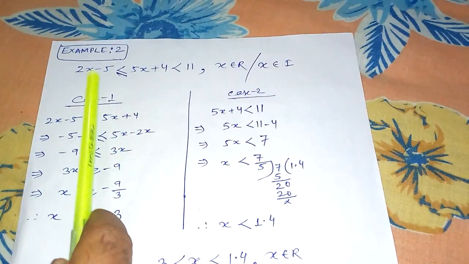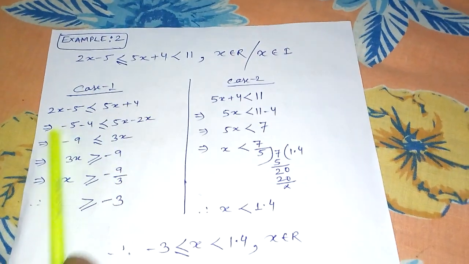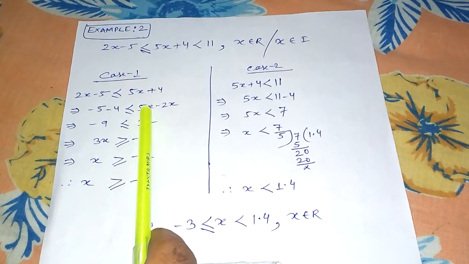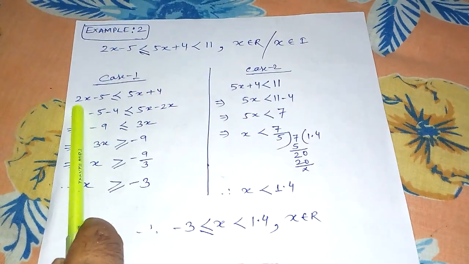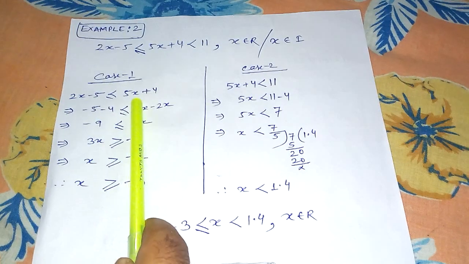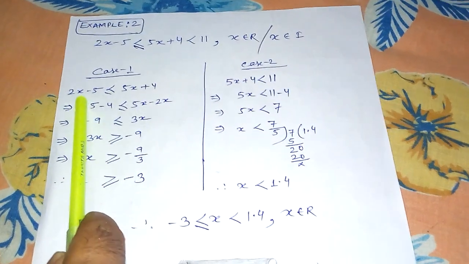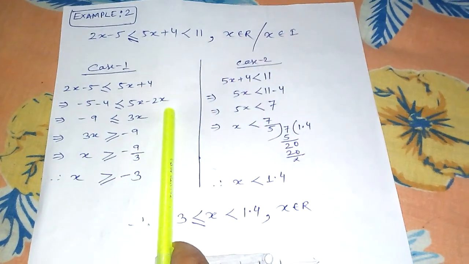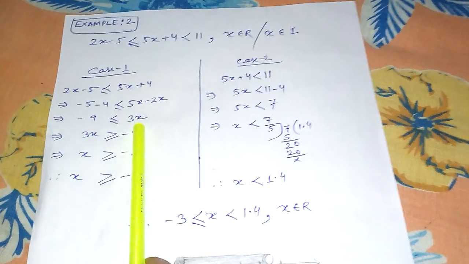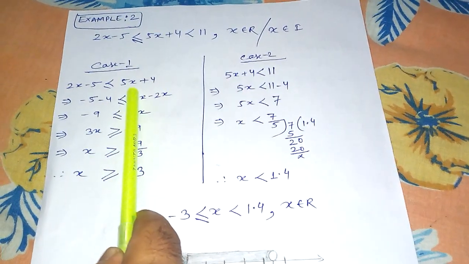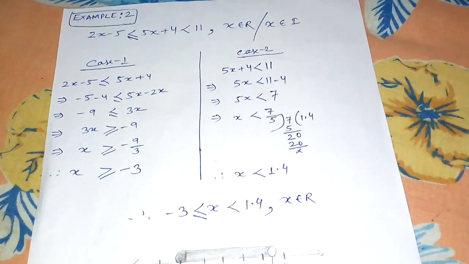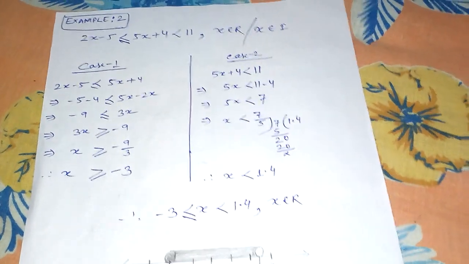So same thing, first and second go here, and as you can see 5x is greater and 2x is smaller. So 5x will remain in the same place and 2x will shift this side, because this will give us positive x. But if I bring this 5x this side, I will get minus, that is negative x.